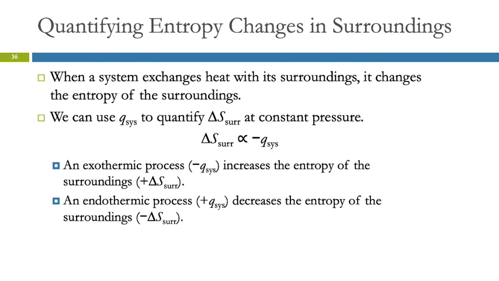So if Q-sys is negative, then that's going to equal a positive number, right? So then delta S will be positive. An endothermic process decreases the entropy of the surroundings. So if Q-sys is a positive number, then the change in entropy for the surroundings is negative.